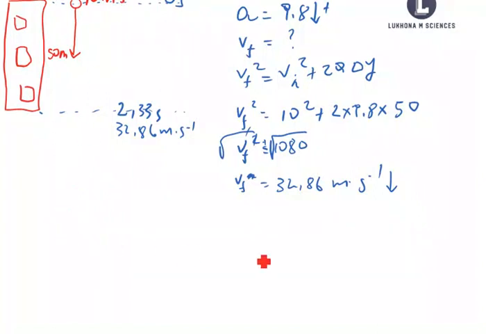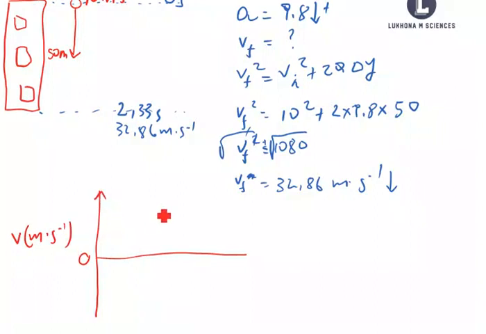So let me draw the Cartesian plane. Since it is a velocity-time graph, on the y we have the velocity in meters per second. That is the velocity-time graph.